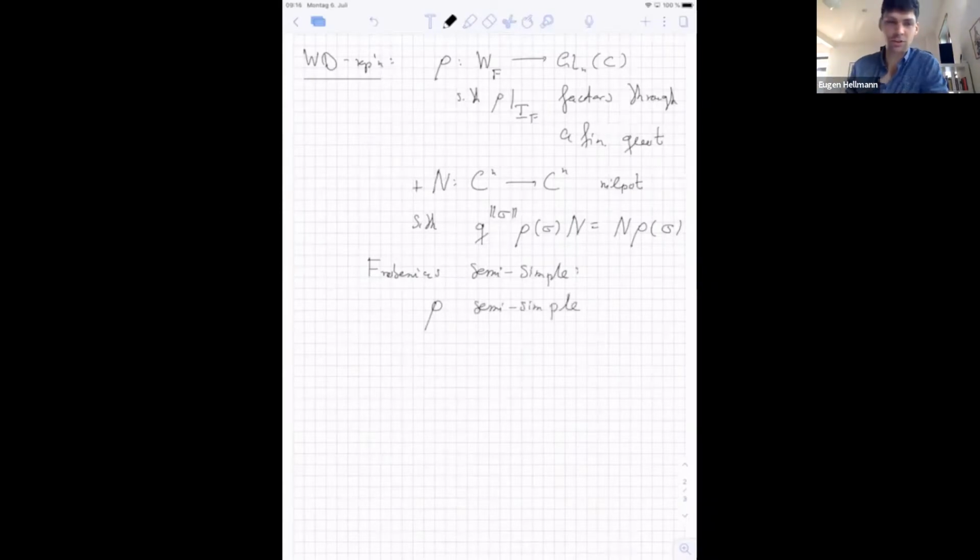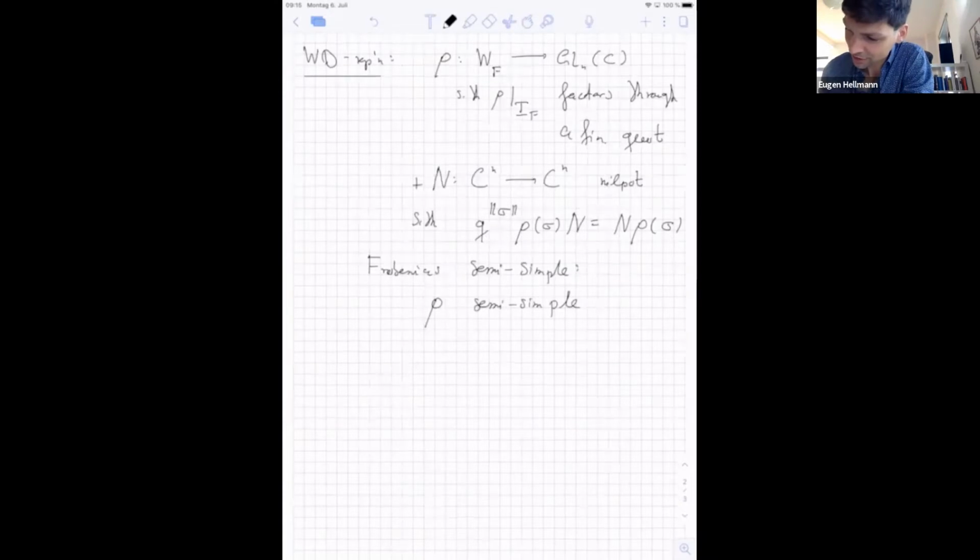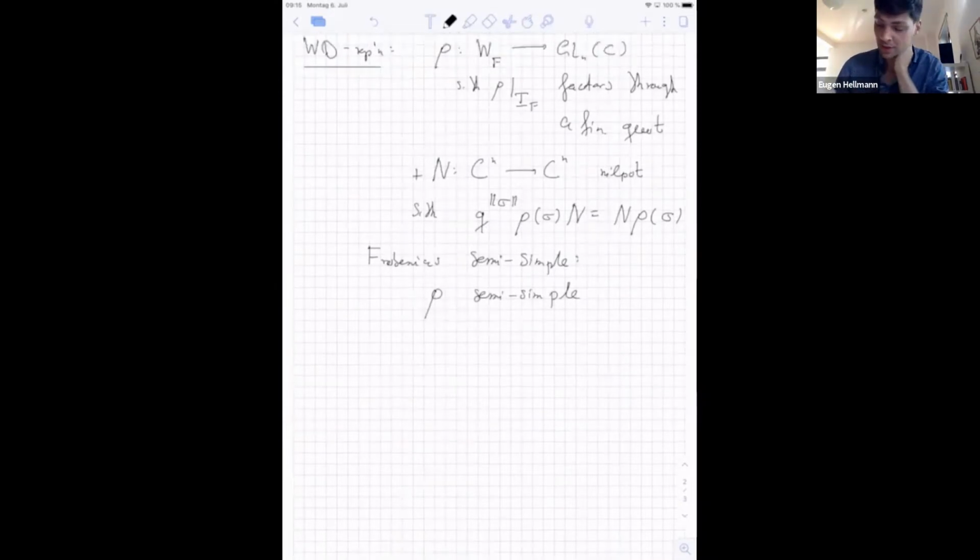So it's just a condition on rho and no condition on N. Okay, so that's the general story, but maybe more familiar is the easiest special case.